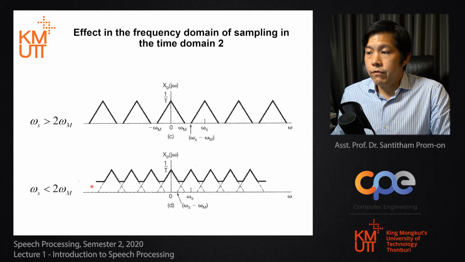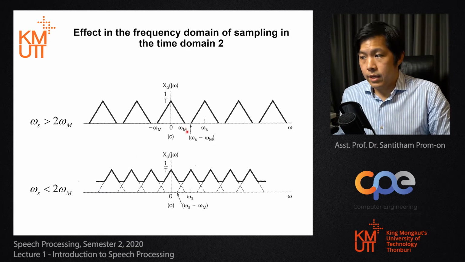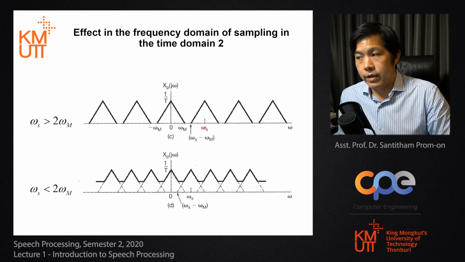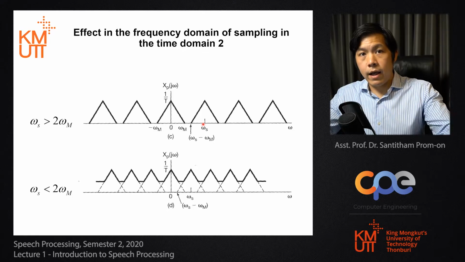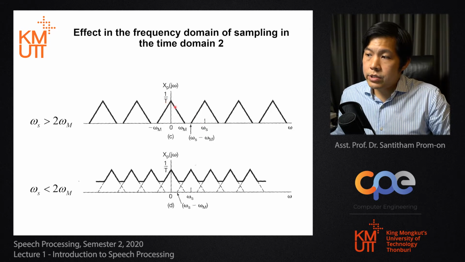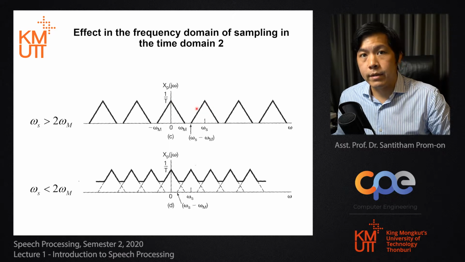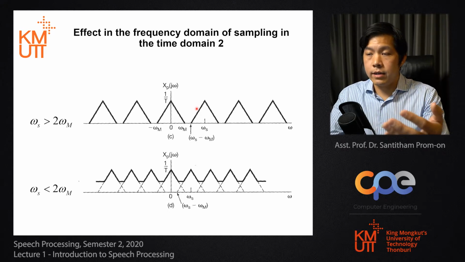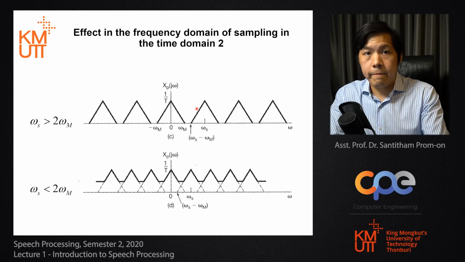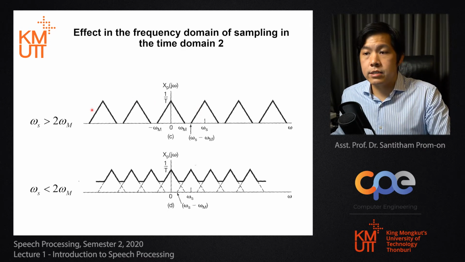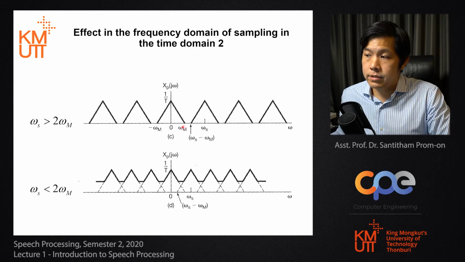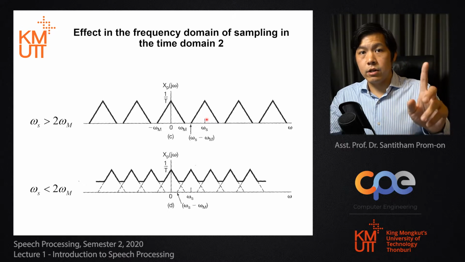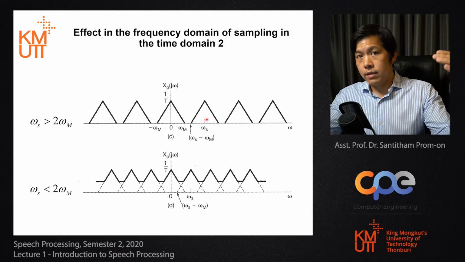Now, if ω_s is high enough, far apart enough, it means that the frequency content of your data would not be overlapped. That means you can represent the whole thing of the data that is there. There's no distortion if ω_s is more than 2ω_m. It means that the frequency would not be overlapped.